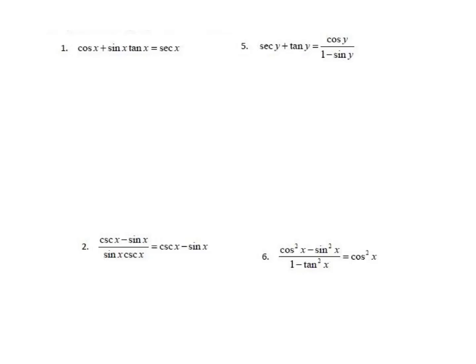For number 5, this gives you the signal to do the conjugate multiply. Therefore, for this trig identity, we need to start with the right-hand side. That's cosine y over 1 minus sine y.